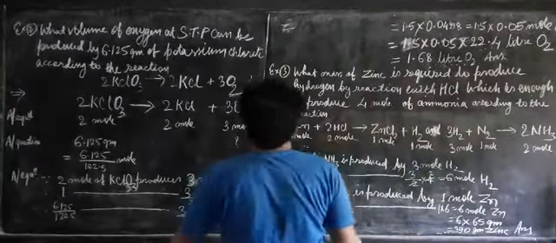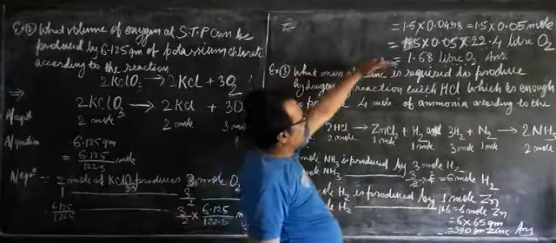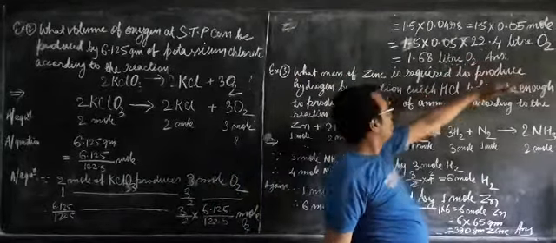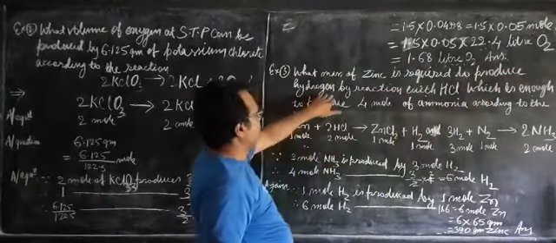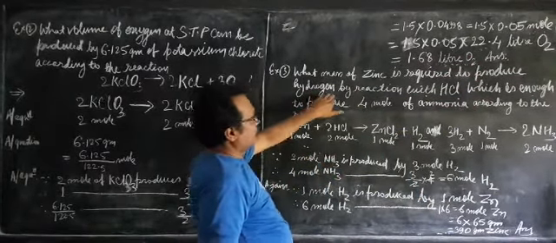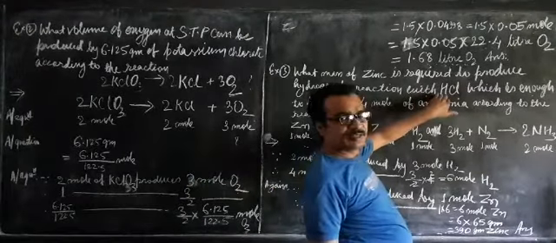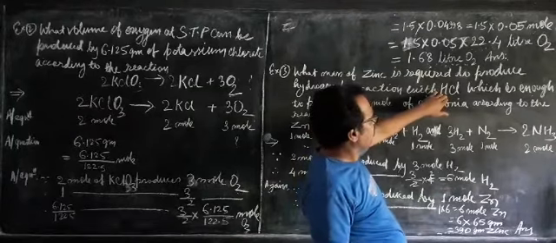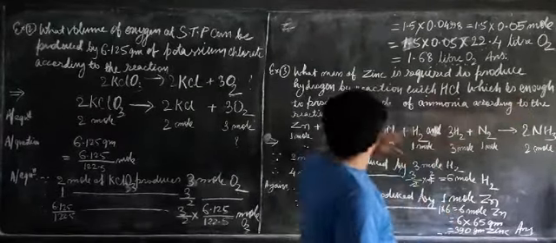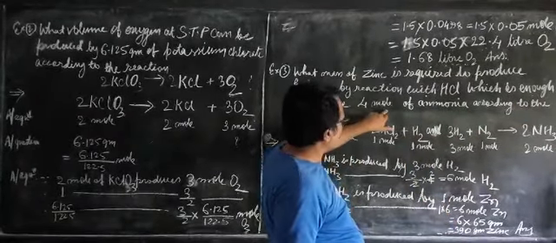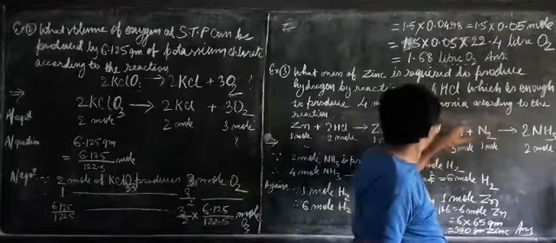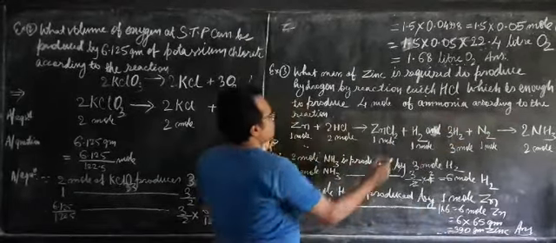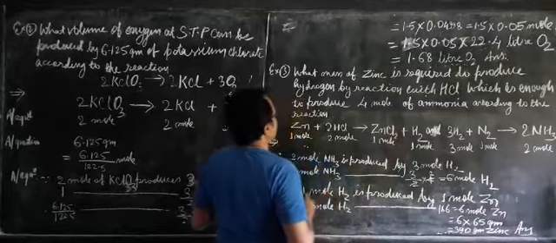Okay, now the next question. What mass of zinc is required to produce hydrogen by reaction with HCl? That means there will be a reaction between zinc and HCl that produces hydrogen gas, which is enough to produce 4 mole of ammonia according to the reaction. These two equations are given.